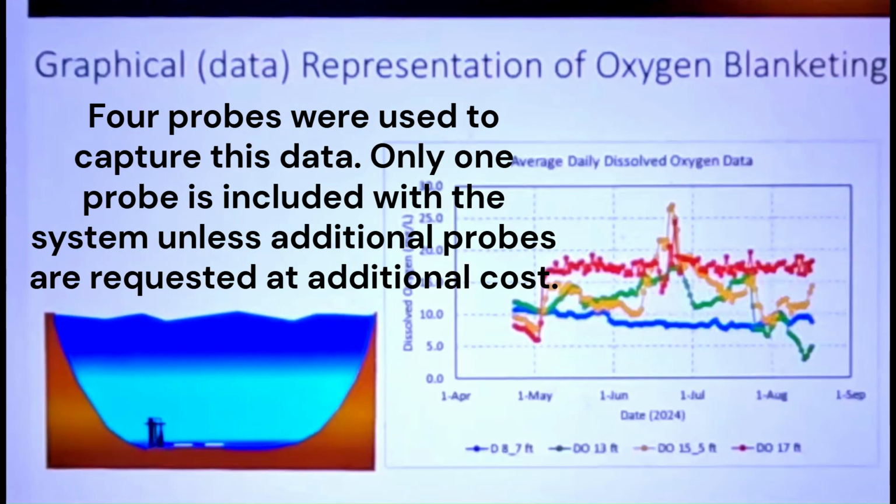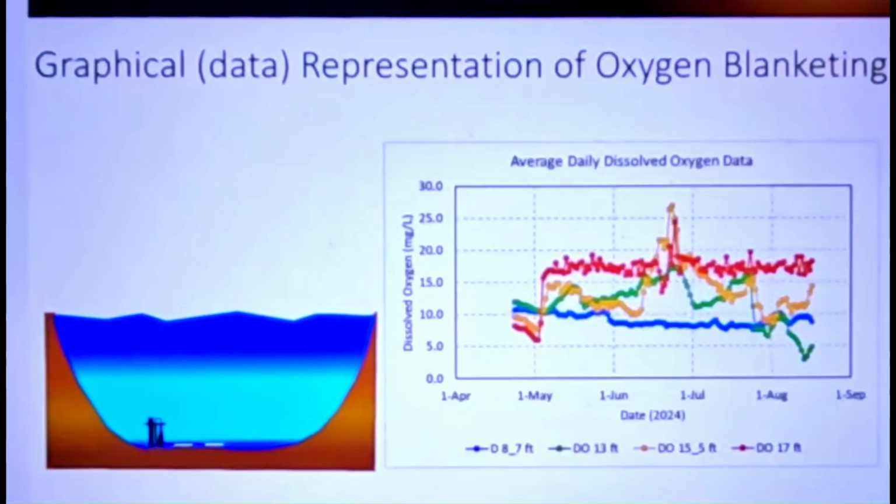And you can look at this data that's been collected over this summer of 2024, that the red probe, which is the one closest to the bottom, has oxygen significantly higher than the green probe or the yellow probe. Now, there is a blip in the middle, but that was a wind event. But as soon as the lake calmed back down, you can see higher oxygen at the bottom than there is in the bulk water. That is what blanketing the oxygen with sediment actually would look like.